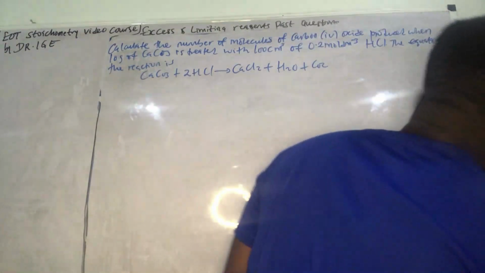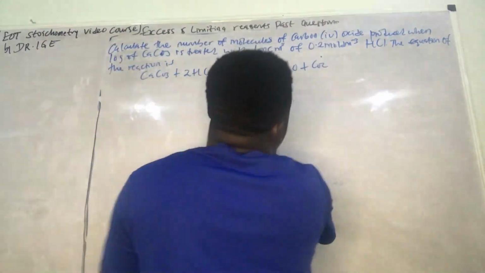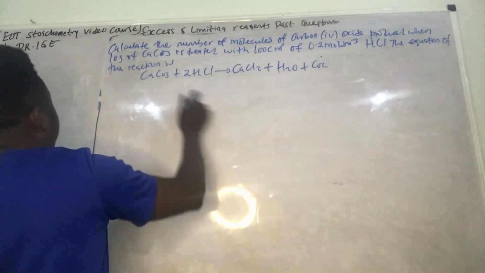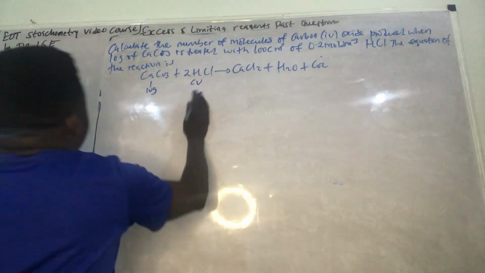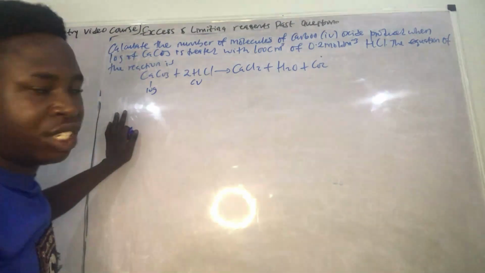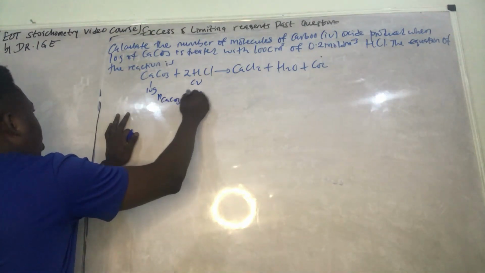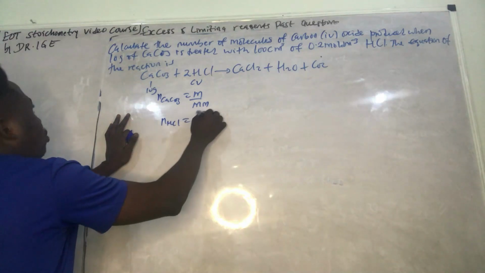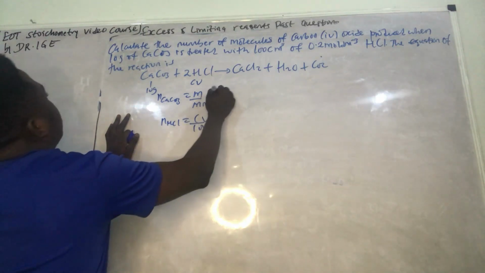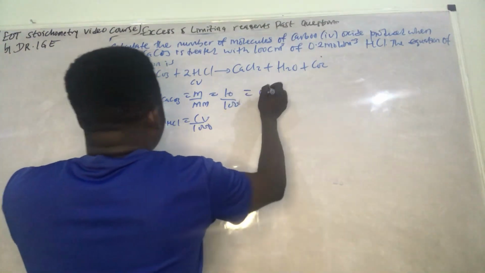So we look at the number of molecules of CO2 produced when 10 grams of this is treated with the CV of this HCl. So as usual, I want to look for the limiting reagent first. So CaCO3 is equal to mass over molar mass, while HCl is CV over 1000. What is the mass? 10. What is the molar mass? 100. You already know that one. This is going to give us 0.1.